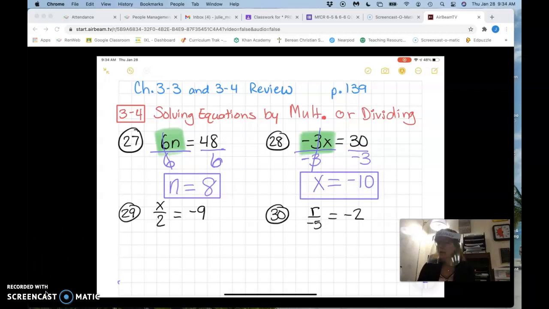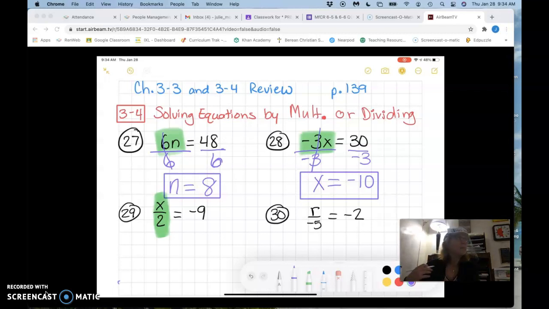Okay, so next problem. Let's look at what's happening with the variable. What operation? Division, but you're on a brain break. Yes, division is happening, so we're going to do the opposite, which is multiplication. So what am I multiplying by? 2, good.